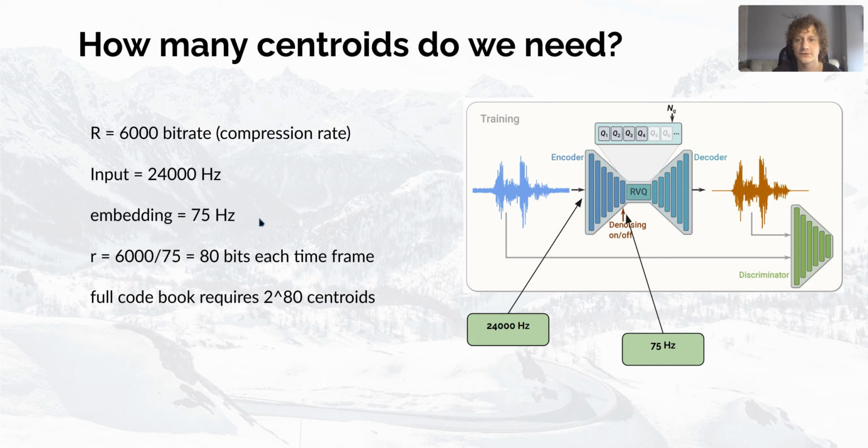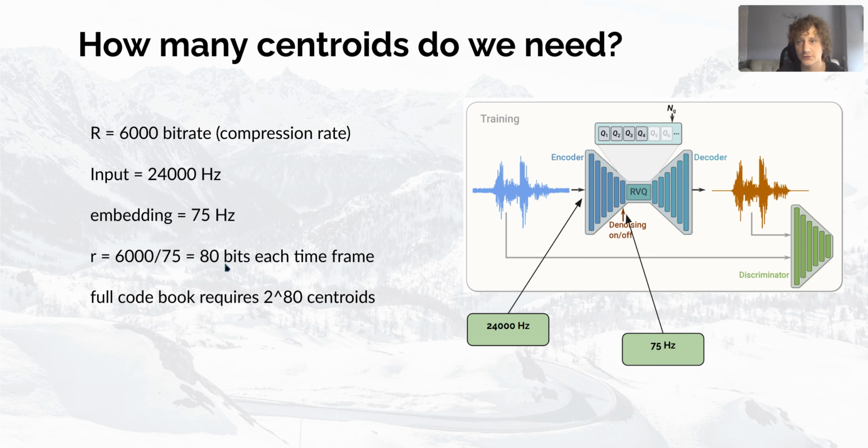And we get 75 Hz here. For example, we have this compression rate or bitrate which equals 6K, and we have 75 Hz, right? It means we need 80 bits for each time frame.